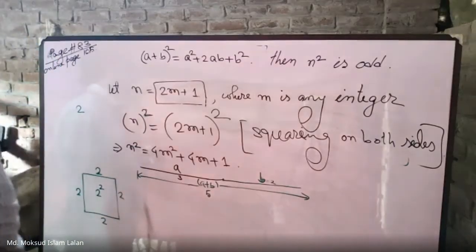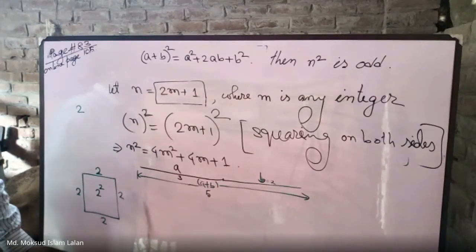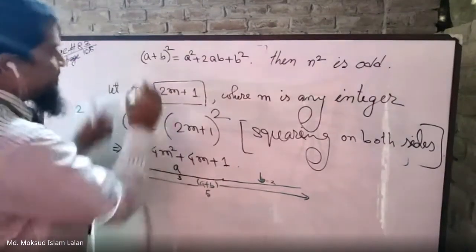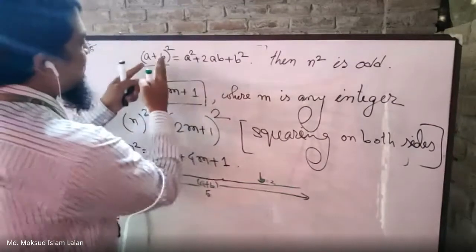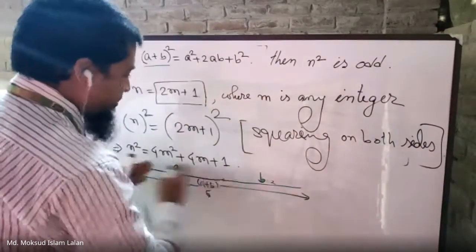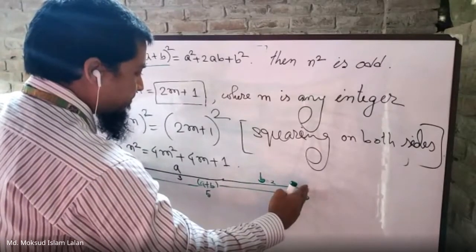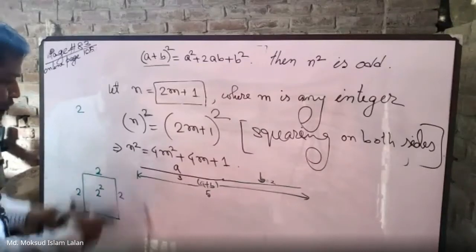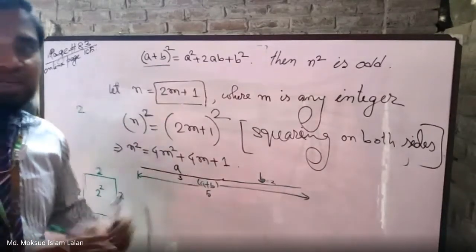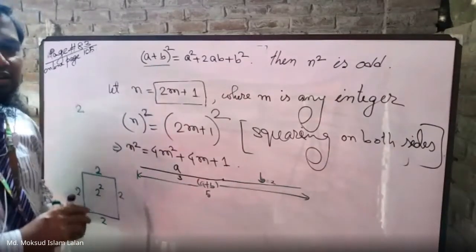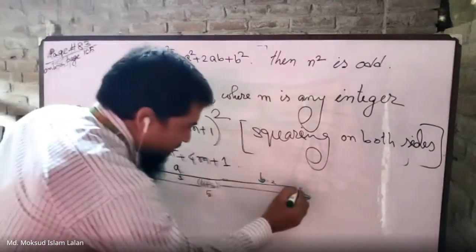Are you agree with me? Now, if you add A plus B whole square, so square means what? So definitely this is our AB, right? Since you are telling this 2 square equals to 2, 2, 2, all side 2, 4 sides 2, right? Yes, sir.